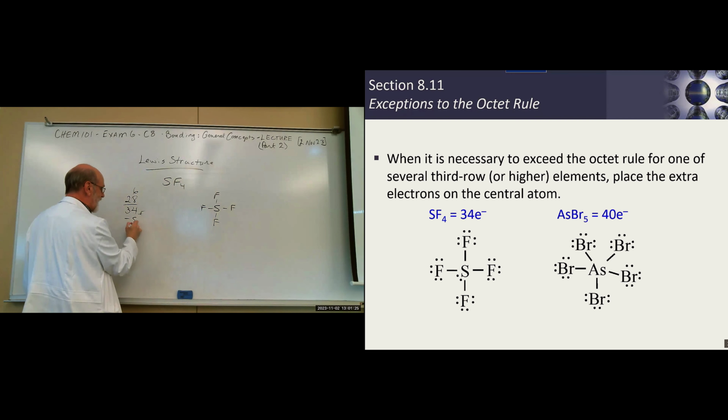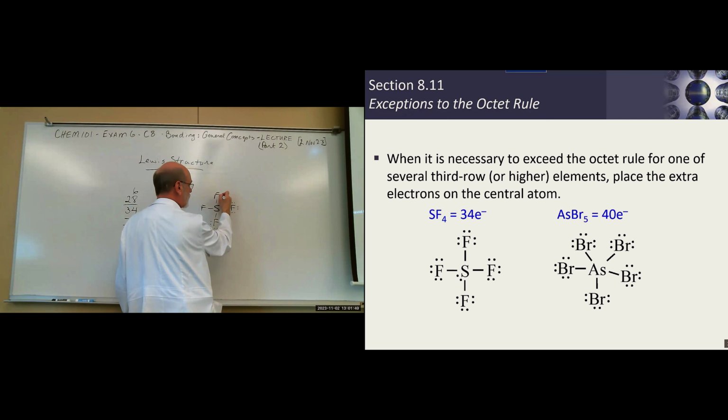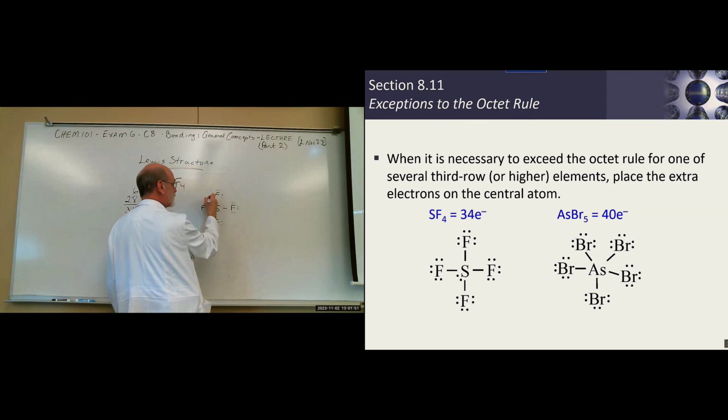So we've used up 8, and that means 26 electrons, correct? All right. If we make an octet for fluorine, for each one of these, that would be 2, 4, 6 more used up. Well, 4 times 6 is 24, right? So if we do the same thing for each fluorine and complete the octet for the fluorines, right? 2, 4, 6, 8.